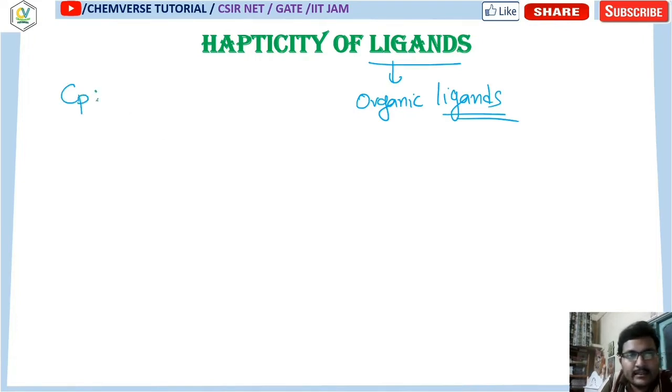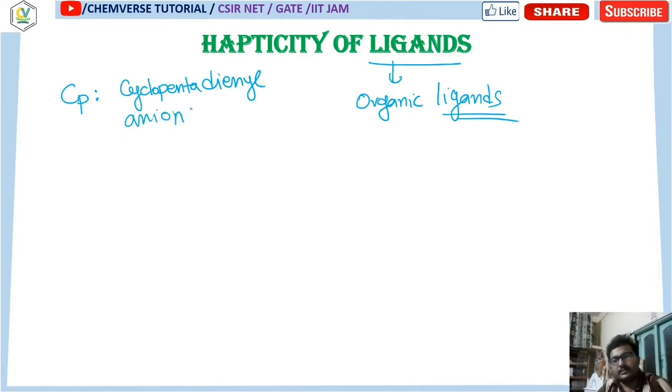Cp ligand is nothing but the cyclopentadienyl anion. This organic carbanion, when it acts as a ligand, is called the Cp ligand. Now, if I draw the structure, I am drawing the negative charge.